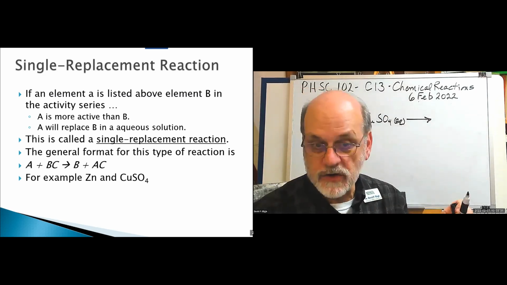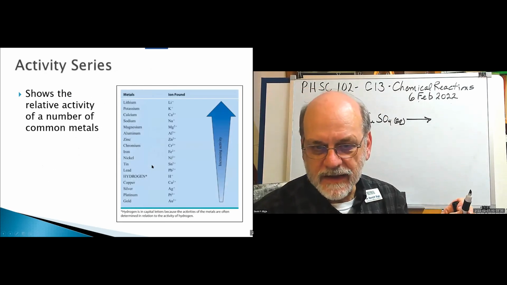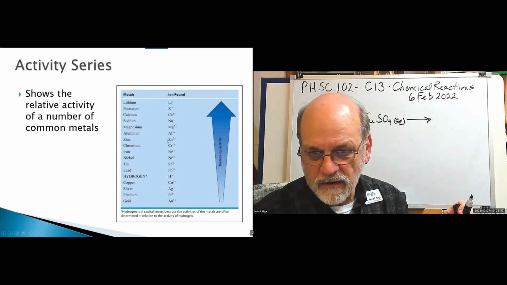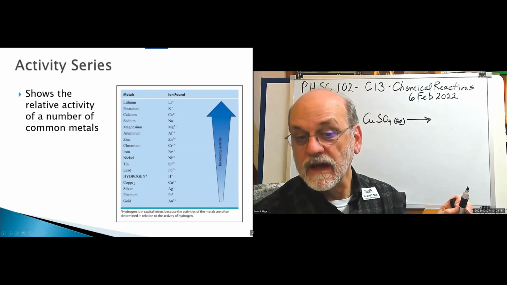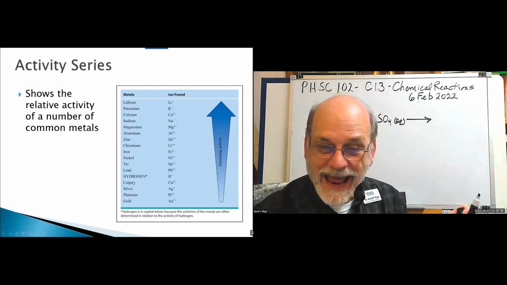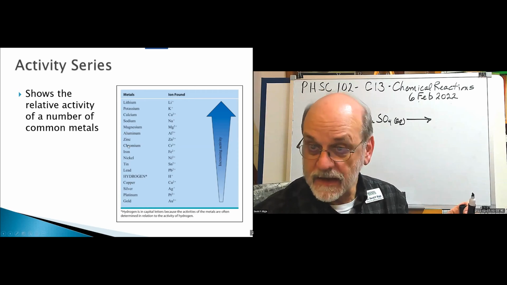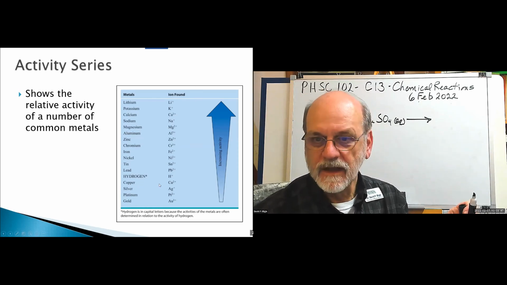Well, if we go back to the chart, zinc metal is here and copper is down here. Zinc is more active than copper. Notice, because zinc is up here, copper's down there.